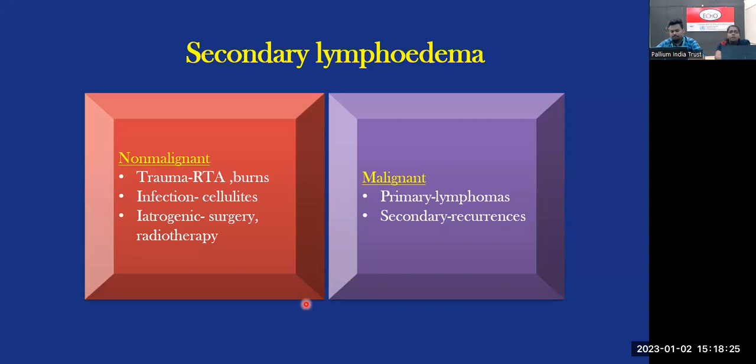If there is a carcinoma of the breast, they definitely need to undergo a radical mastectomy. If a total radical mastectomy is done, they will remove the adjacent lymph nodes, and there is a chance of lymphedema in that particular arm.